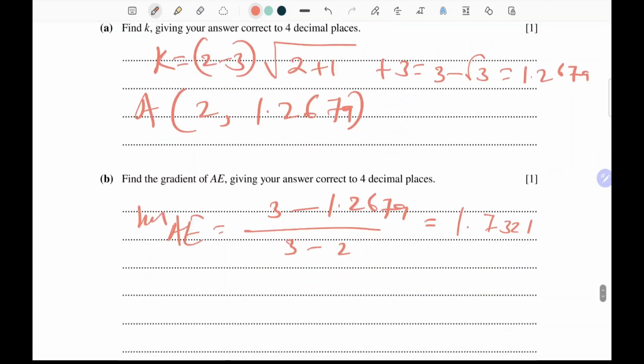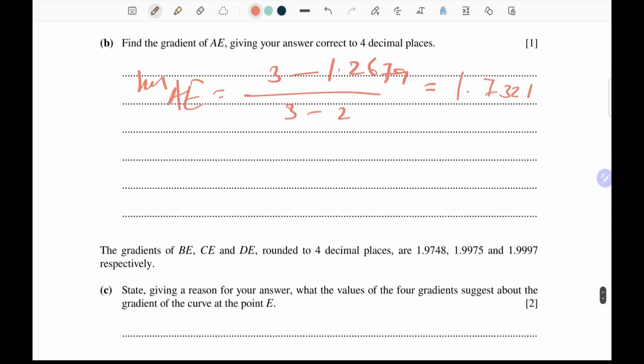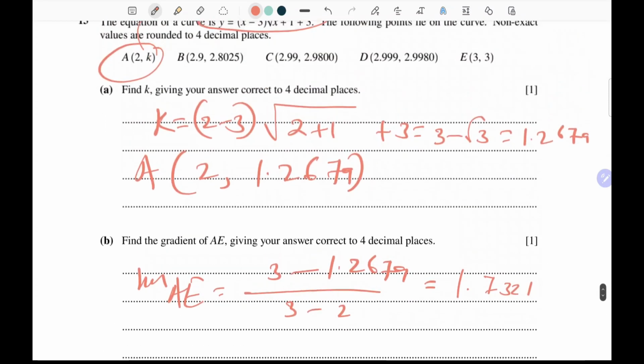That's also understandable. Now the gradients of BE, CE, DE are given, rounded. State, giving a reason for your answer, what the values of the four gradients suggest about the gradient of the curve at the point E.